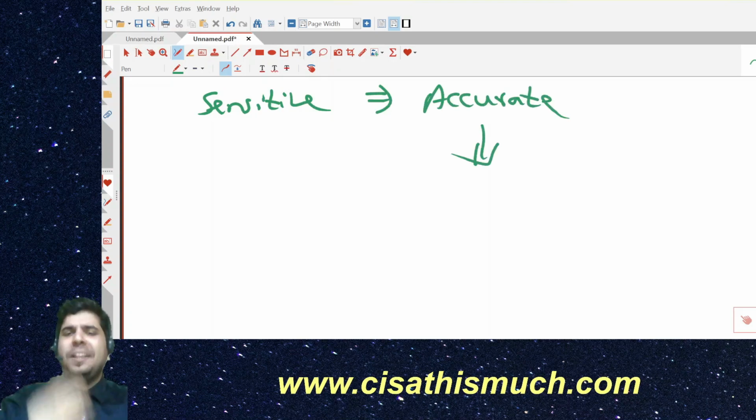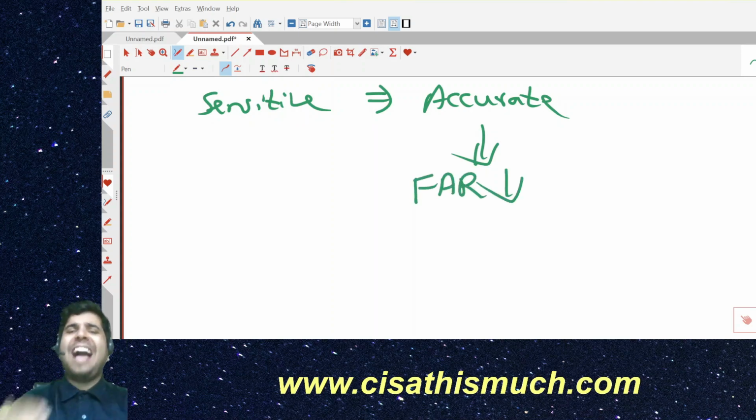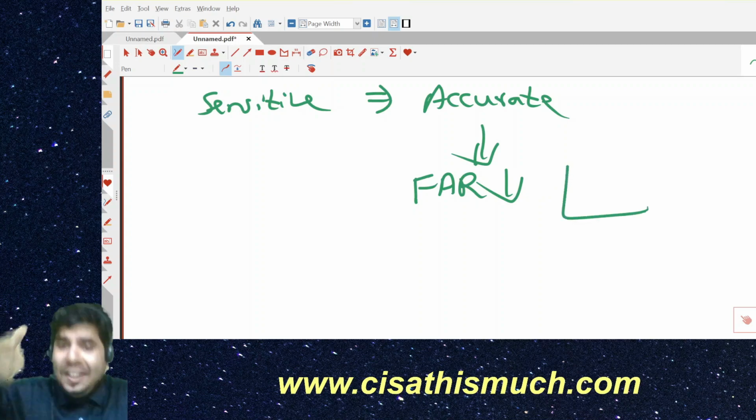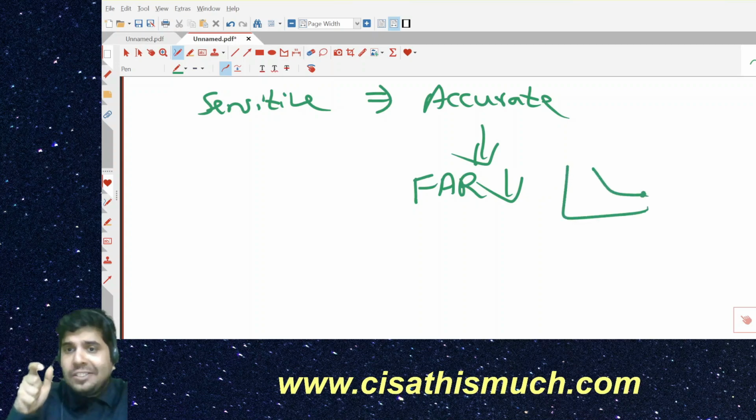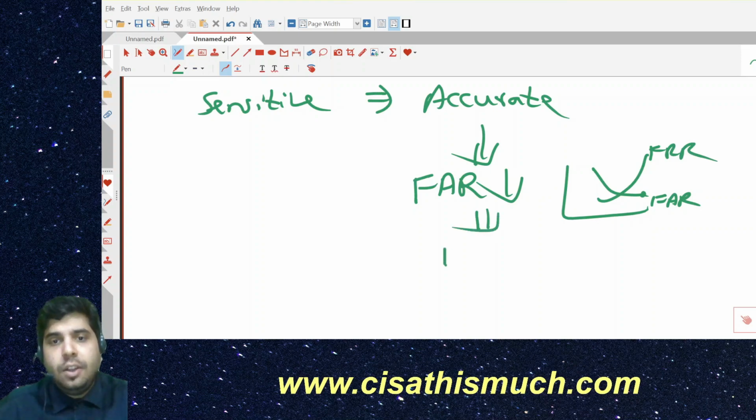When I say something is accurate, I am saying it has the least false acceptance rate. But we have discussed in the graph that when something has the least false acceptance rate, it will have the highest false rejection rate.